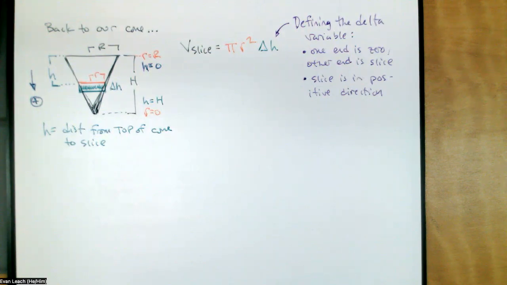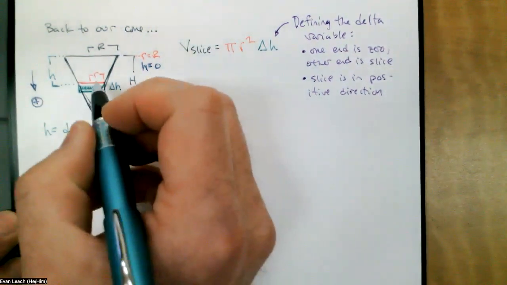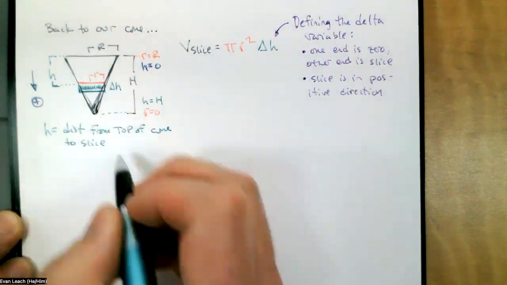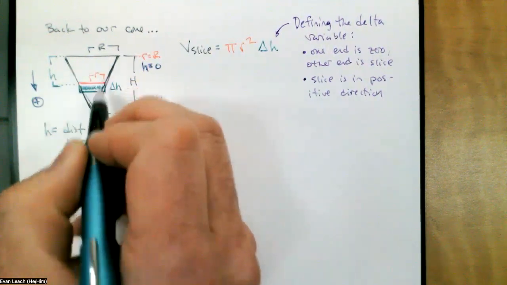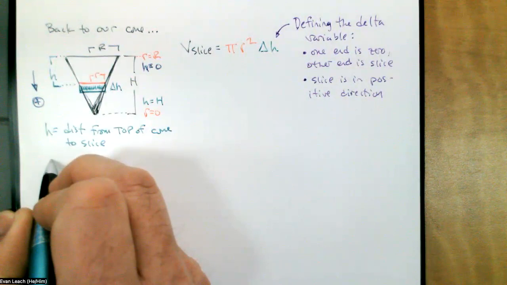Now we still have to write R as a function of h, but h is not part of a similar triangle. The similar triangle down here is at the tip of the cone. So I don't get to write a similar triangle with R over H, but we're still going to use similar triangles.